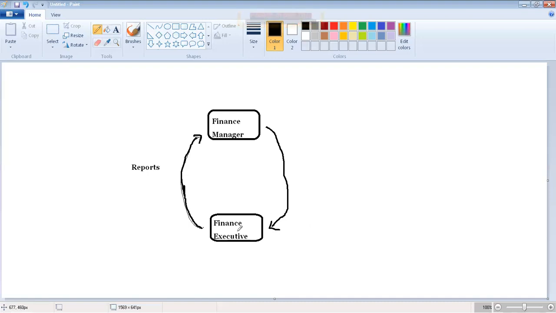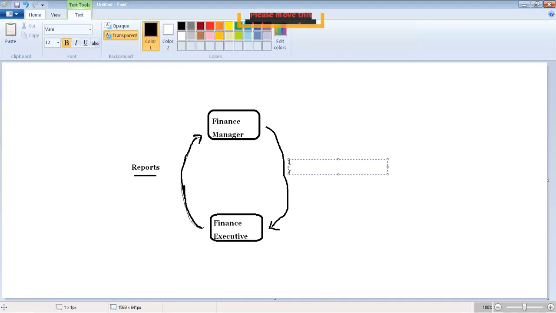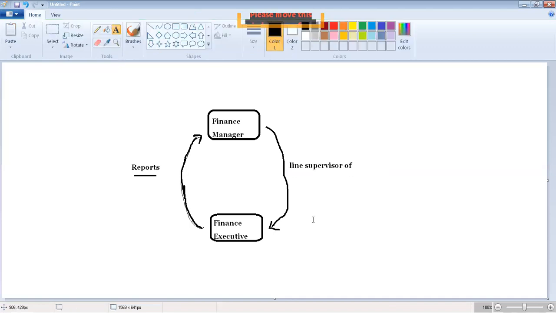In one way, the finance executive reports to the finance manager. In the other way, the finance manager is the line supervisor of the finance executive. I can say it in two ways. That's why I'm specifying the two arrows.